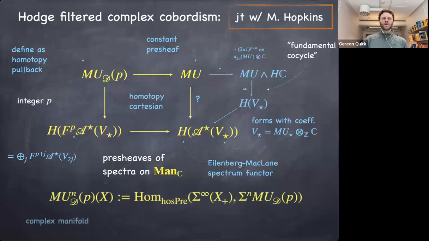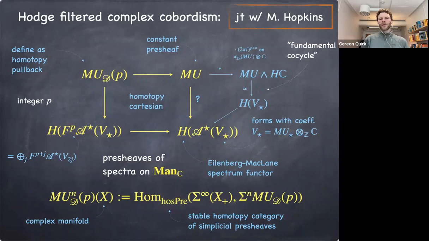And we do this by saying that we call these Hodge filtered complex cobordism groups in cohomological degree n, and with twist p for a complex manifold X. And we do this by taking Homs in the homotopy category, or the stable homotopy category, of symmetric presheaves. So the homotopy category of these presheaves of spectra.